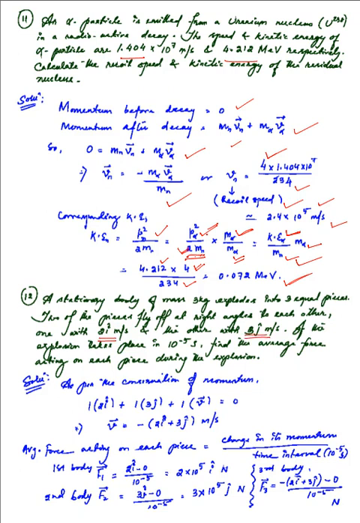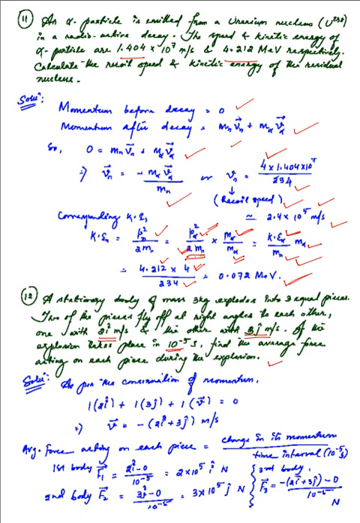So the velocities of those 2 right-angle particles have been provided, and the explosion takes 10 microseconds to be precise. And then we have to calculate the average force that is acting on each of those particles.